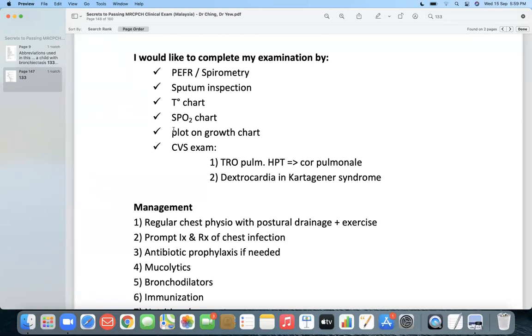Then temperature chart, SpO2 chart, plot on growth chart, then CVS examination. In this case, don't forget CVS examination also, because you should rule out pulmonary hypertension, cor pulmonale, dextrocardia in Kartagener syndrome. But when examining, both of you checked for dextrocardia by locating the apex beat. Okay, just 1 minute.